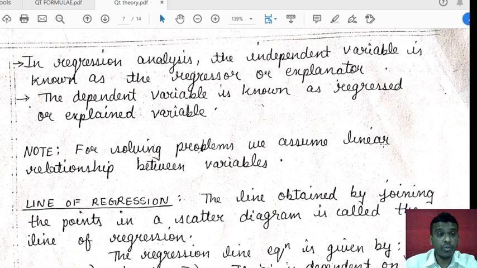As we already know, regression is determining the unknown value of a variable from the known value of another variable. In regression analysis we have two types of variables: the independent variable and the dependent variable.